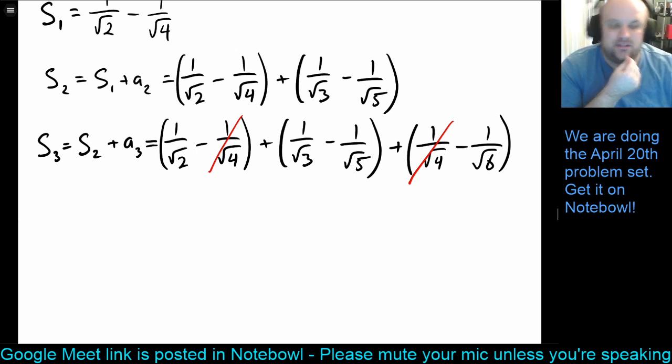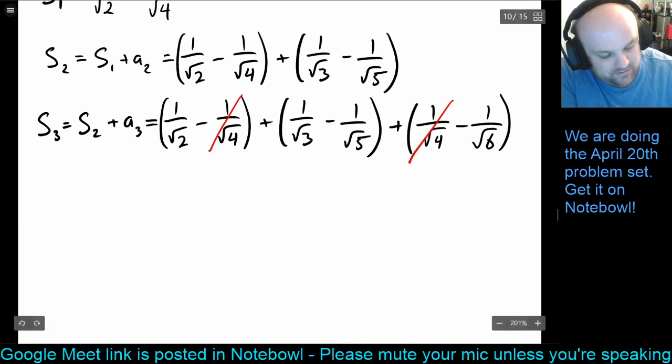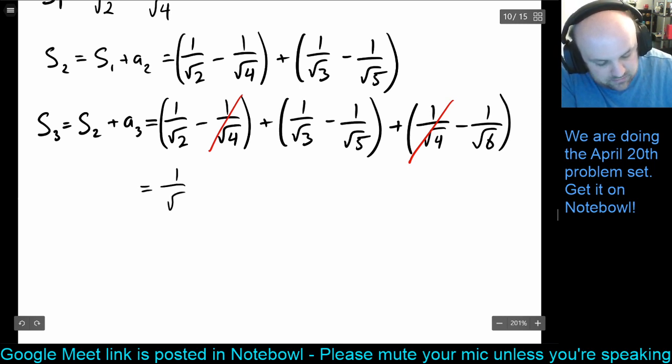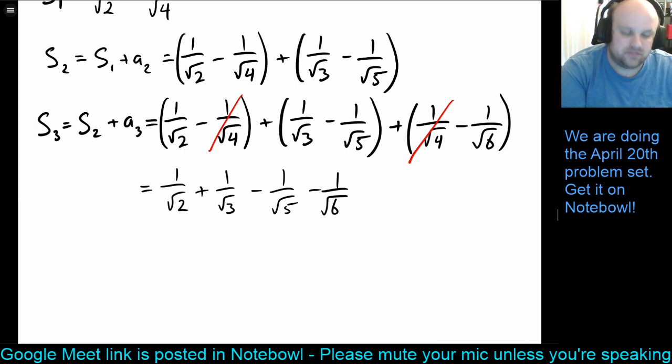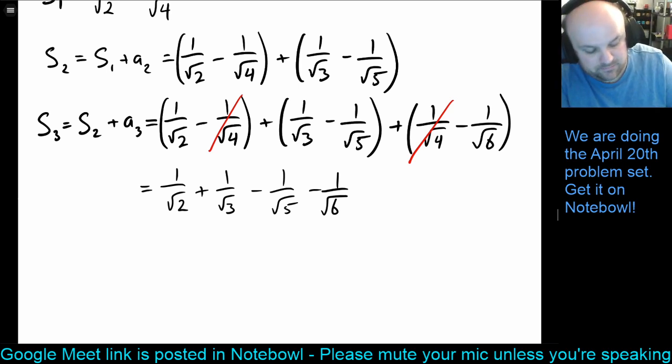So what we have is 1 over square root of 2 plus 1 over square root of 3 minus 1 over square root of 5 minus 1 over square root of 6. All right, so we're not really worse off than we were for S2. Maybe you can see what's going to be going on here. Maybe not. Let's do another one.